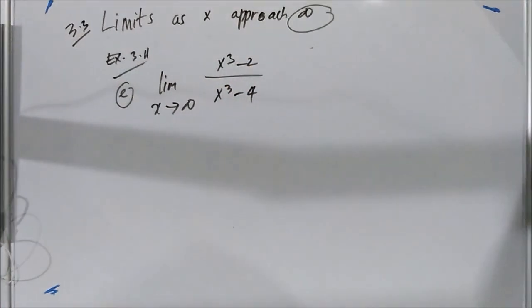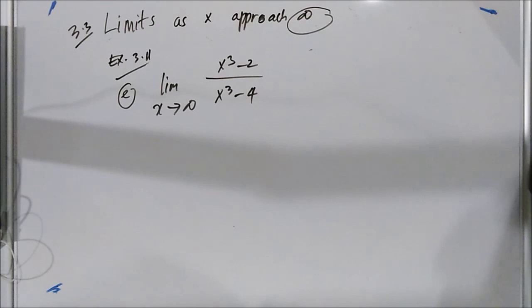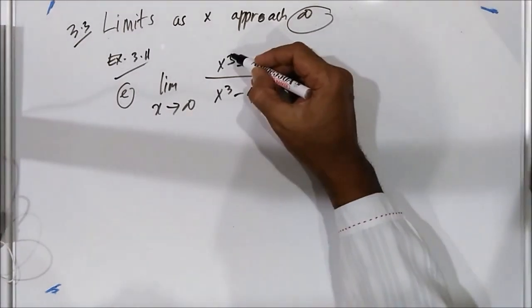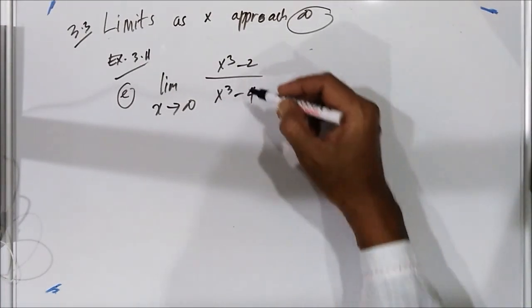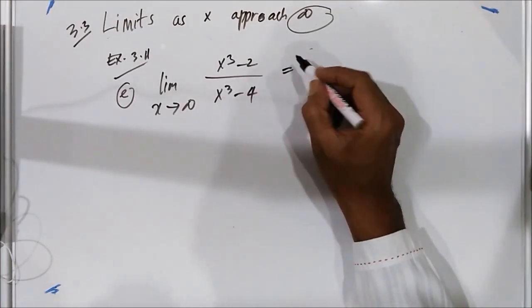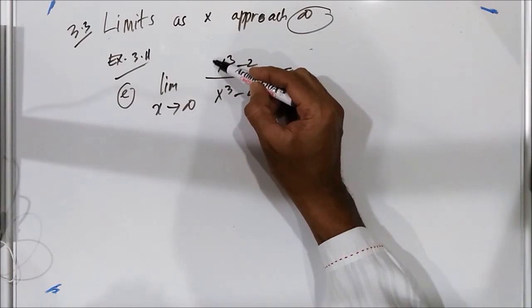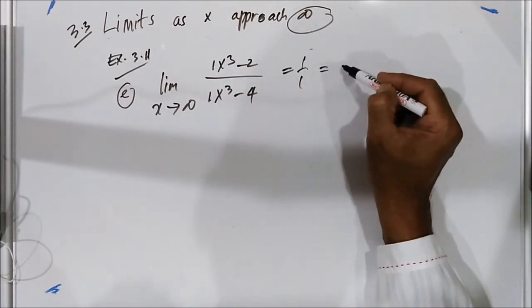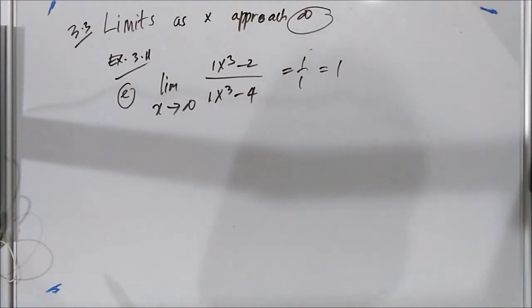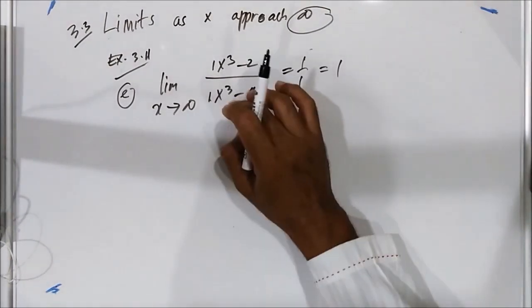By the rule that I gave you just now, if we have the same power here, x cubed in the numerator and x cubed in the denominator, the answer will be the ratio of the first coefficients. The coefficient here is equal to 1, and this is equal to 1. So 1 divided by 1 is equal to 1, because we have the same power.